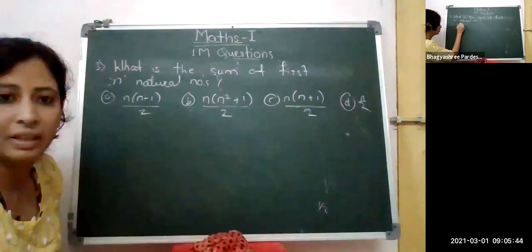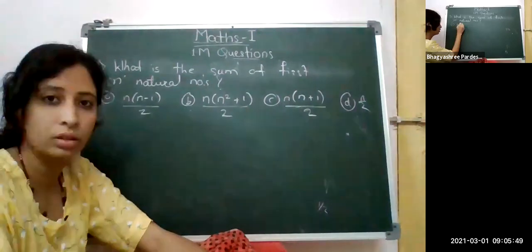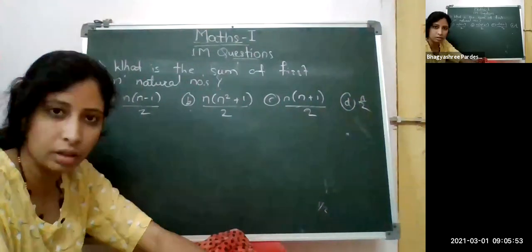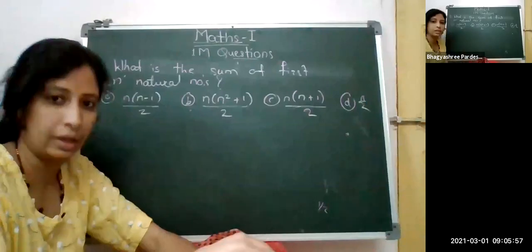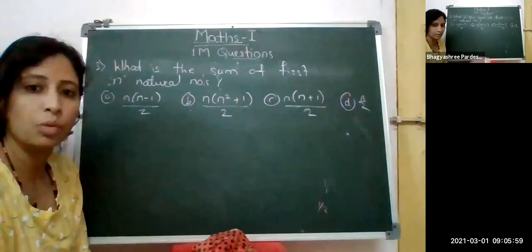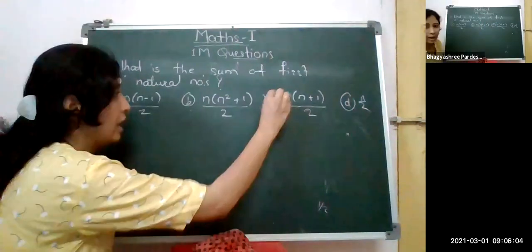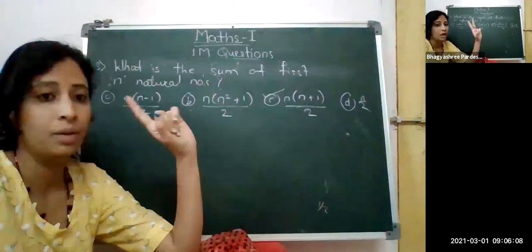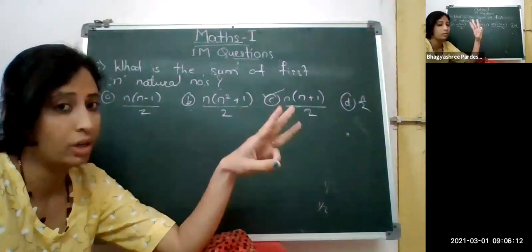What is the sum of the first n natural numbers? You don't need to solve this one. In the previous lecture also I have told you that. No one? So the sum of first n natural numbers is very important. Its answer is n into n plus 1 divided by 2. Sum of first n natural numbers, sum of n odd natural numbers, sum of n even numbers. So these are the three very important questions.